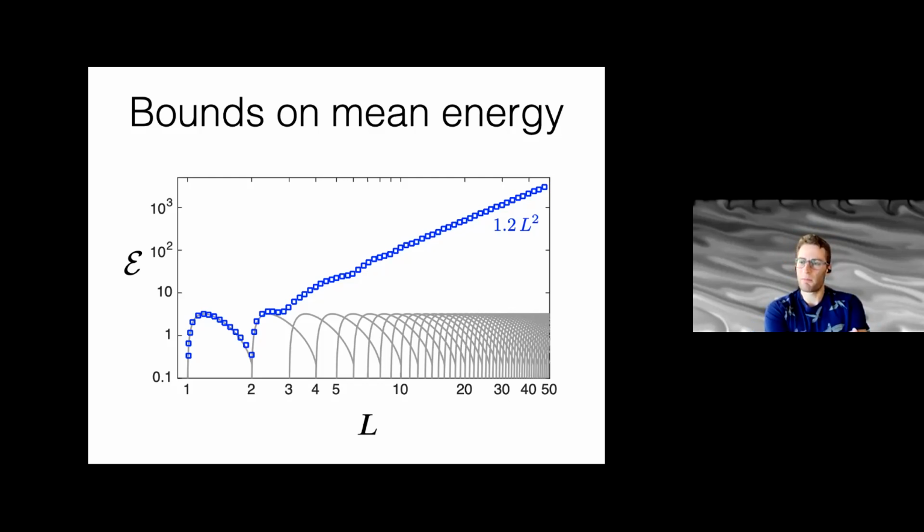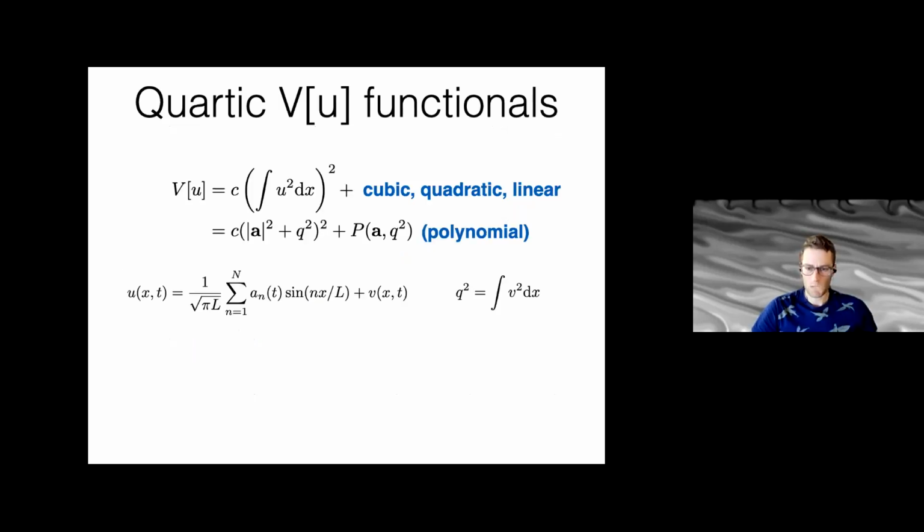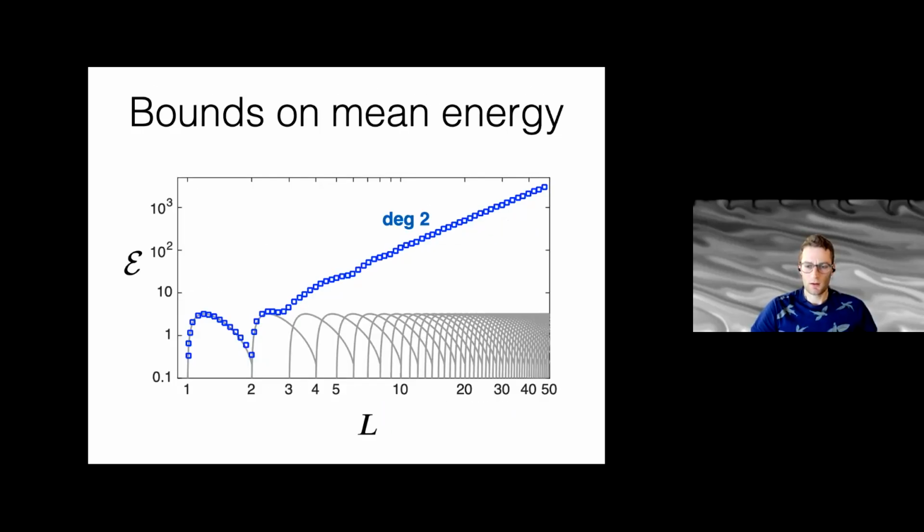But by going to degree 4 or degree 6 functionals, analogously to what I described in the fluid stability case, and eventually solving a sum of squares optimization problem numerically, I'm able to construct functionals V that imply upper bounds given by these black dots.